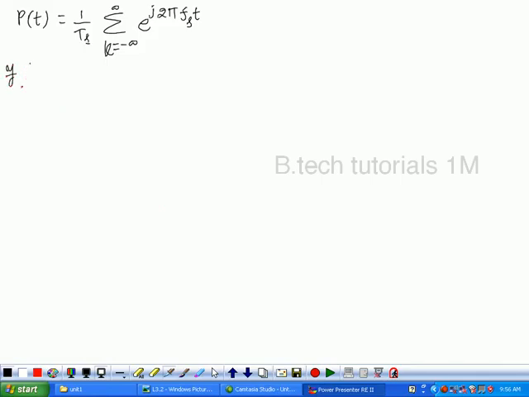Then the Fourier transform of p of t is equivalent to 1 by Ts into the Fourier transform of the sum from minus infinity to plus infinity of e power j2 pi k fs t.